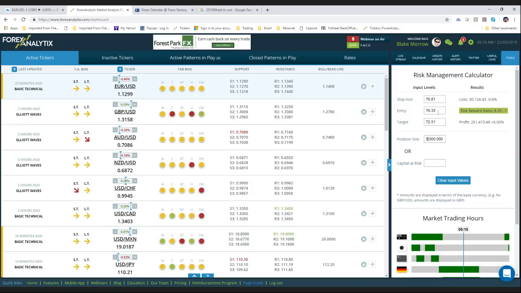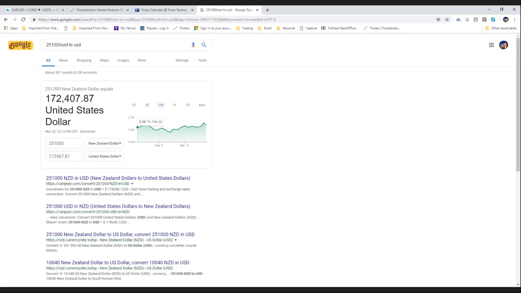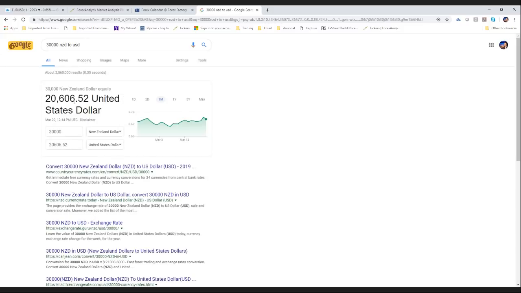Since I'm doing this on the New Zealand dollar, I know it's 251,000 New Zealand dollars, which is equivalent to 172,000 US dollars. And if I ask what my risk was, my risk was just 30,000 US dollars, so my risk is 20,000 dollars. I'm looking to risk 20 grand to make 170,000 dollars.